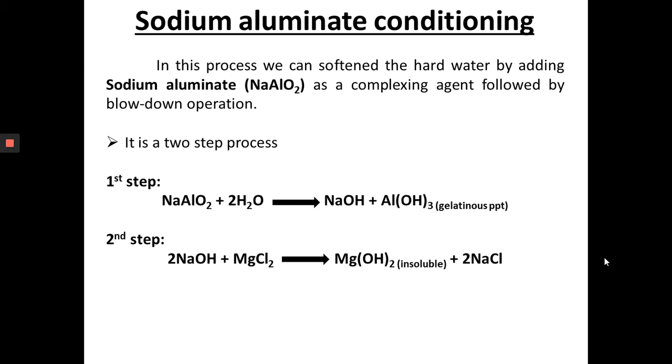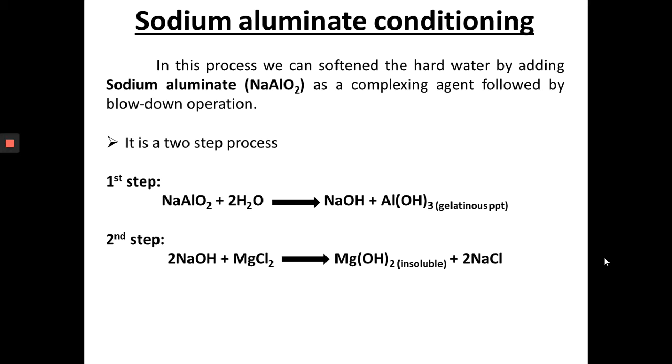Next is sodium aluminate conditioning. Now, in this process, we can soften the hot water by adding sodium metaaluminate, NaAlO2, as a complexing agent followed by the blowdown operation.